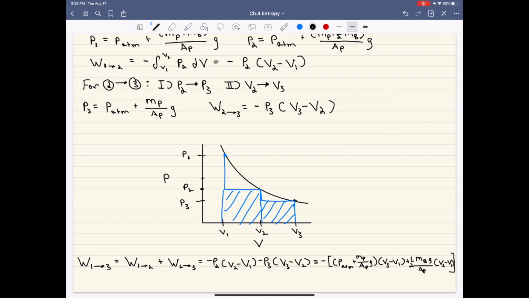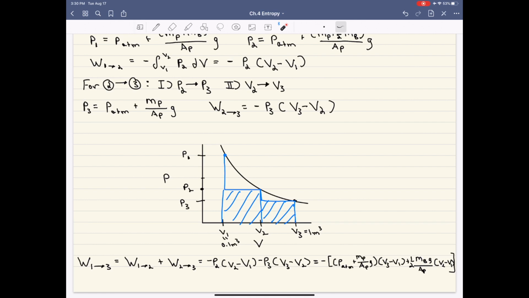And the thing I want to remind you, at least with the premise of this problem, this V3 here is equal to 1 meter cubed, and this is equal to 0.1 meter cubed. Alright, and so in this case, our V3 is 1 meter cubed, and that's what we called V2 in case 1.